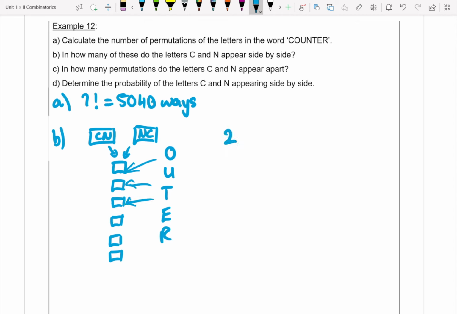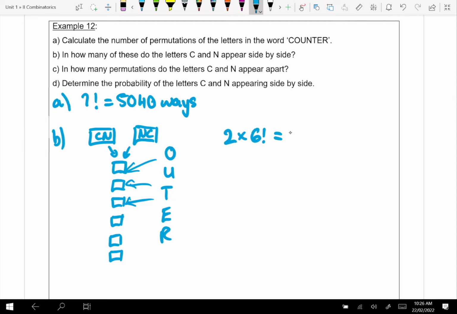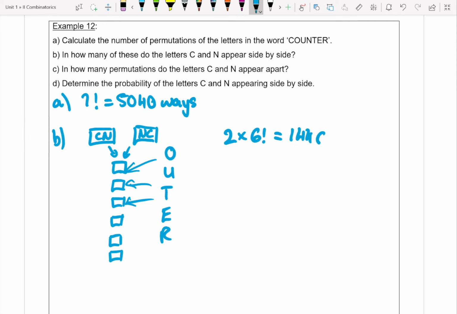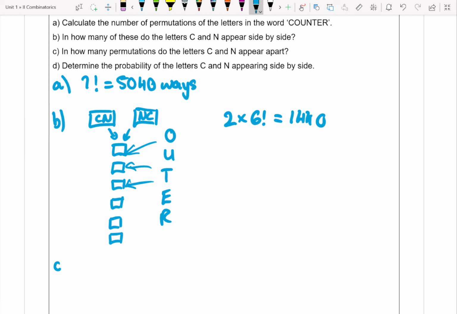So we've got 2 options for our CN or our NC, and then we have 6 factorial for our block of CN or NC and those 5 other letters. So that gives us 2 times 720, which is 1,440 permutations where the letters C and N appear together.